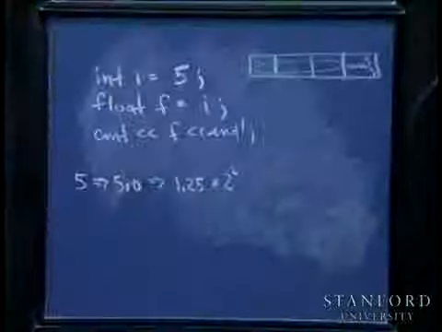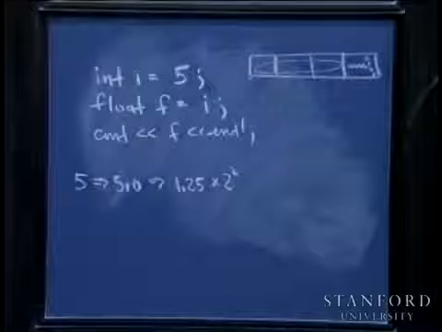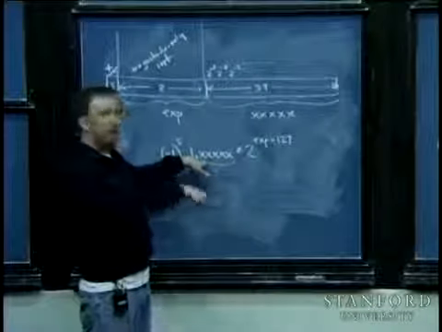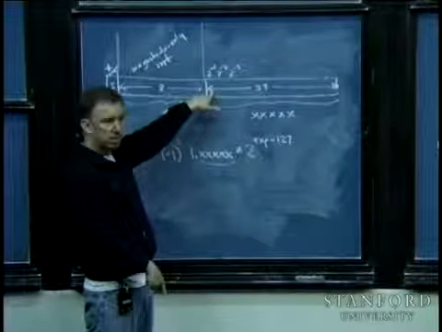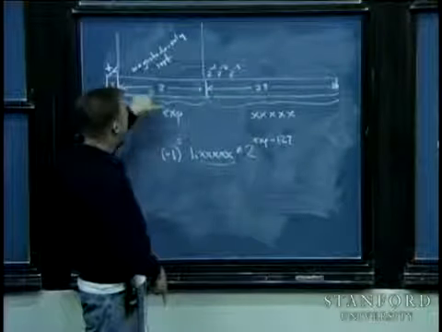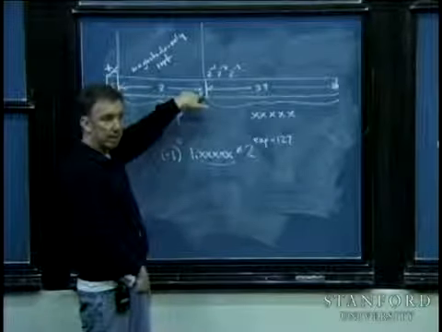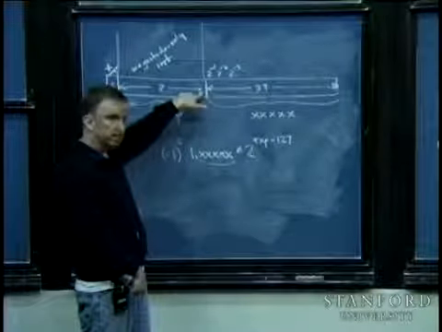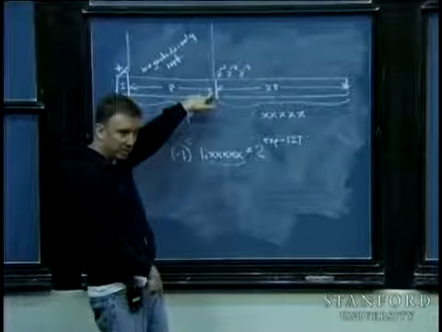So we'd have to choose exp to be 129, and xxx to be 0.25. That means when you lay down a bit pattern for 5.0, you expect a 1 to be right there, and you expect 1, 0, 0, 0, 0, 0, 0, 1 to be laid down right there, 128 plus 1. Does that make sense to people? You've got to nod your head, or else I don't know.